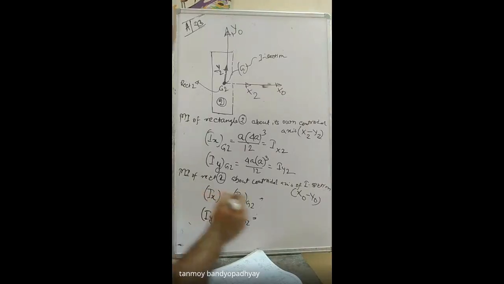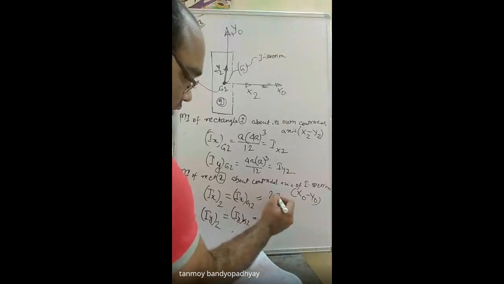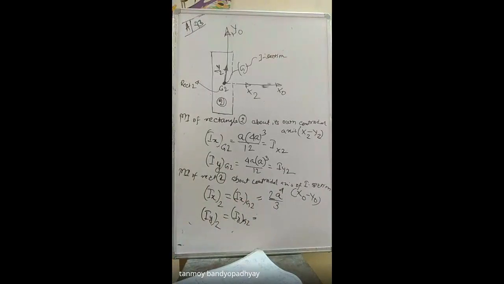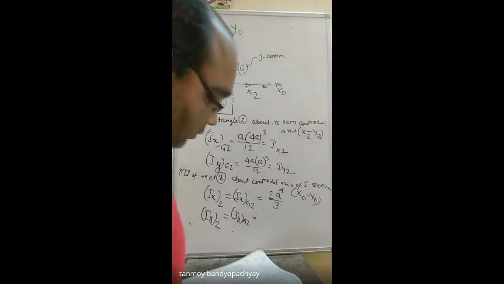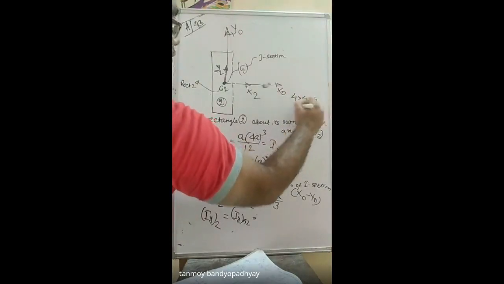Just check, I may be wrong also. Whatever I have calculated, I am writing. Hurry up. There is 4 cube there, so the top will be much larger, so it will be 16. 4 into 4 into 4 by 12.